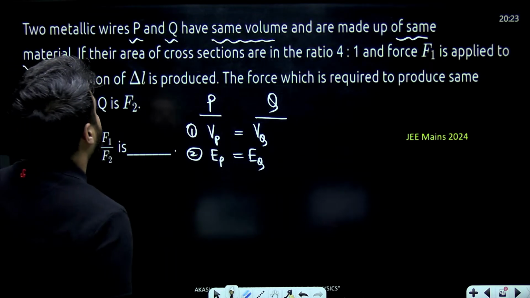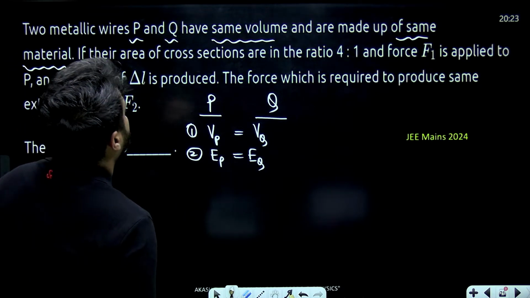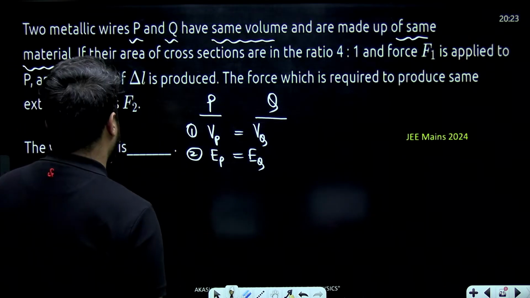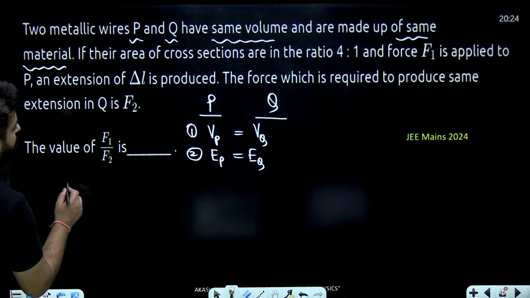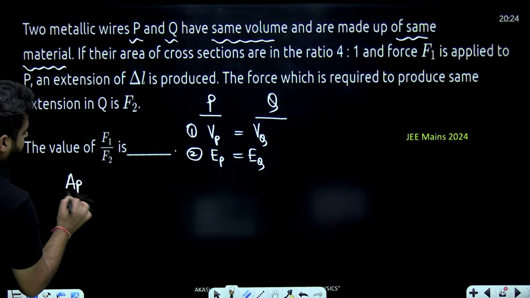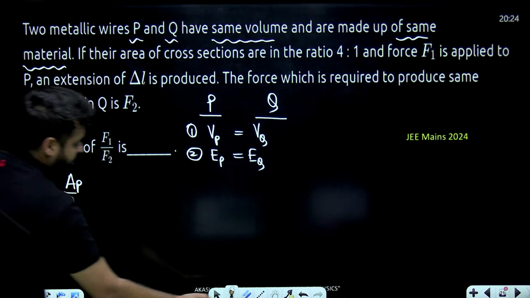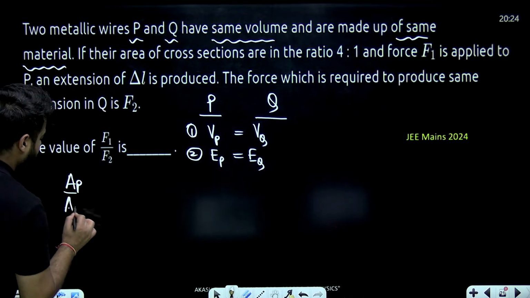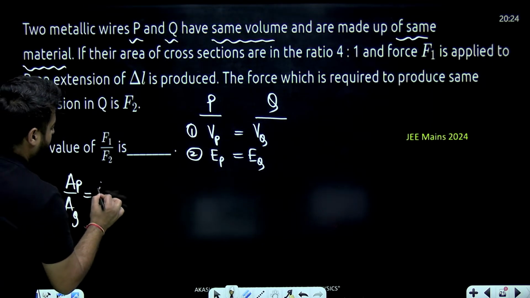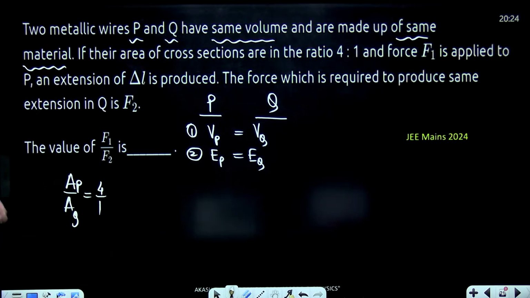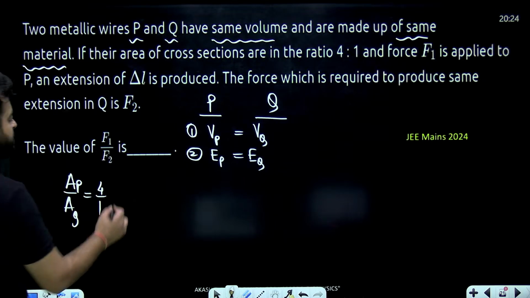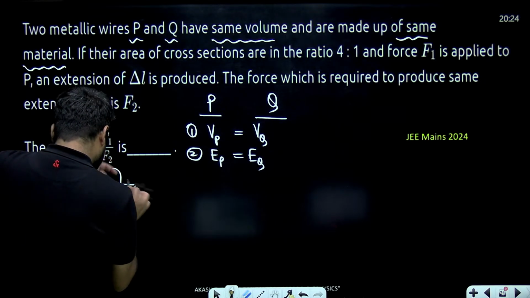Now come to this part. If the areas of cross section are in the ratio 4:1, the area of cross section of P with respect to Q, and you know the volumes are the same. If the volumes are the same, can I say what is the ratio of the lengths?